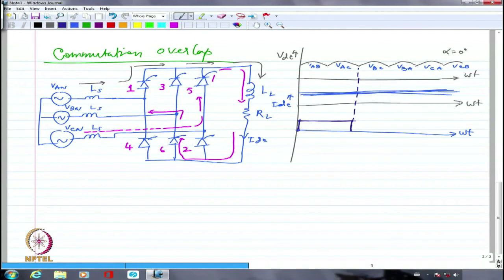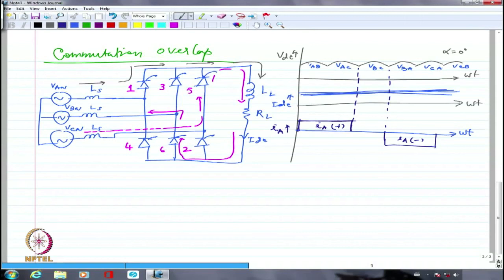And whenever I am going to have a phase negative conducting, I should have had the current going like this. So this is IA, this is again IA. So this is positive side, this is negative side. So this is what I can draw as the current.